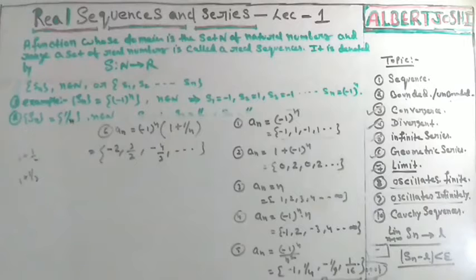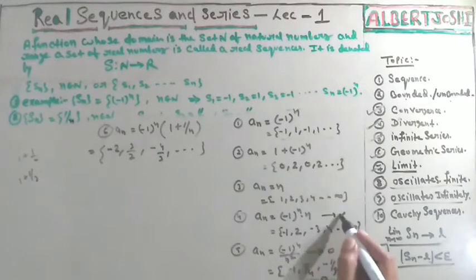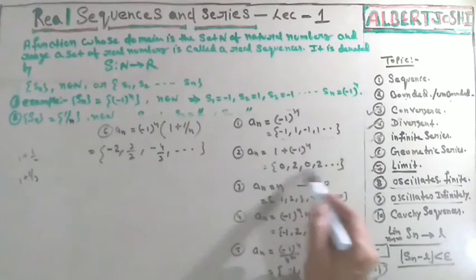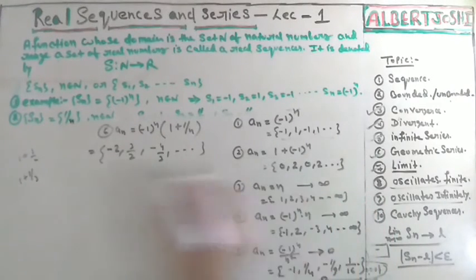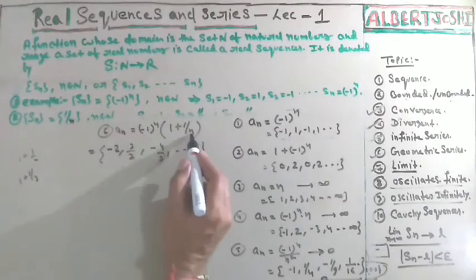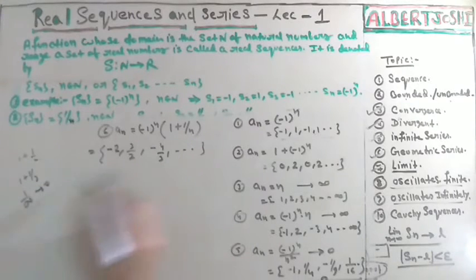And you can see that in this series, if you keep increasing n, then 1 upon n is converging to 0.